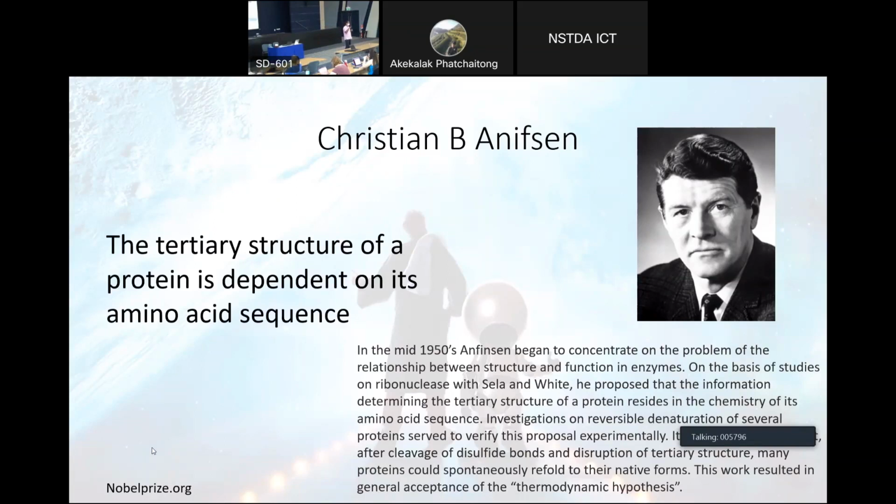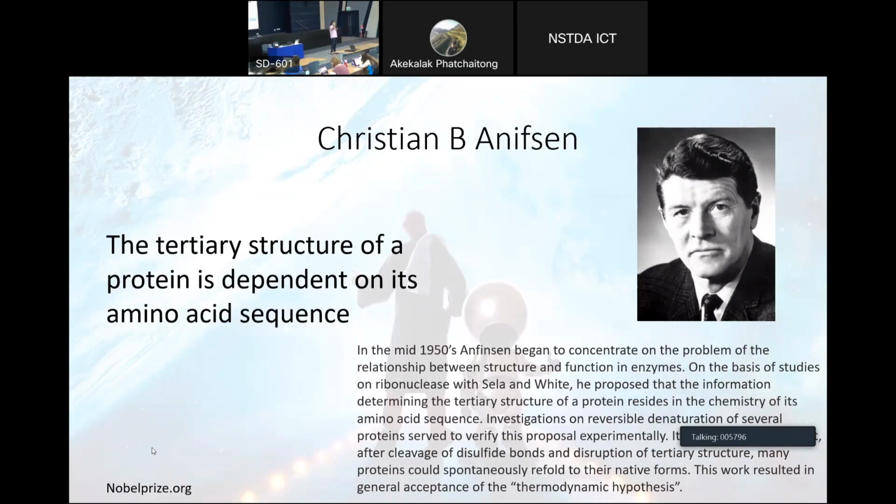The underlying dogma is, if you have similar chemical structure, that means similar amino acid sequence, between two proteins, their structure should be similar too. He showed through multiple experiments, where he disrupted certain disulfide bonds in the protein but kept the same amino acid sequence, that those proteins ended up having the same structure. So that was the underlying dogma.